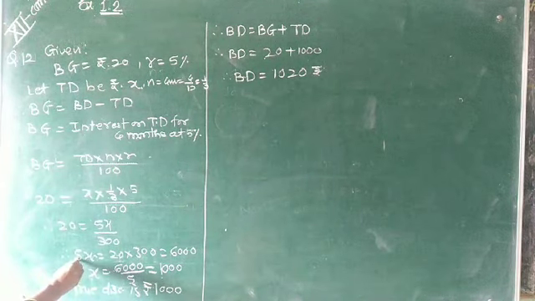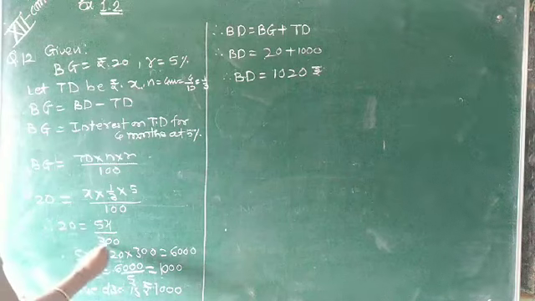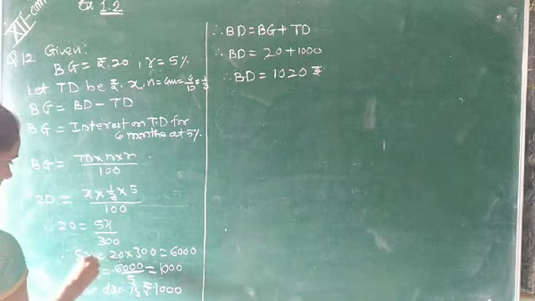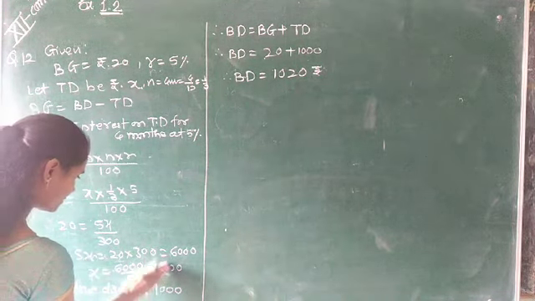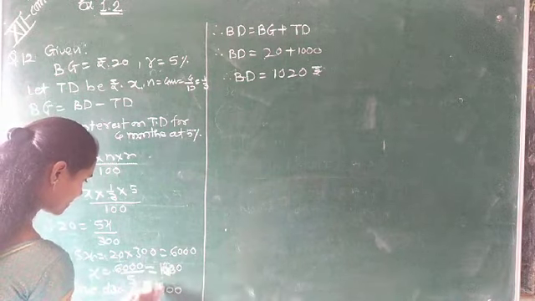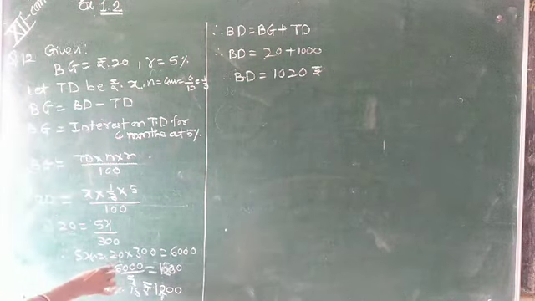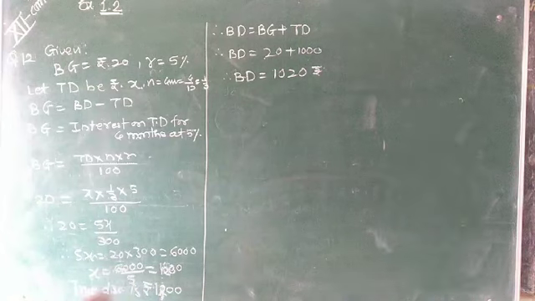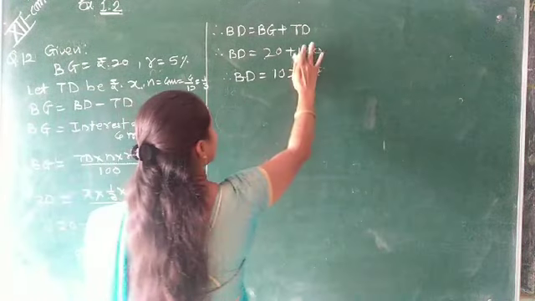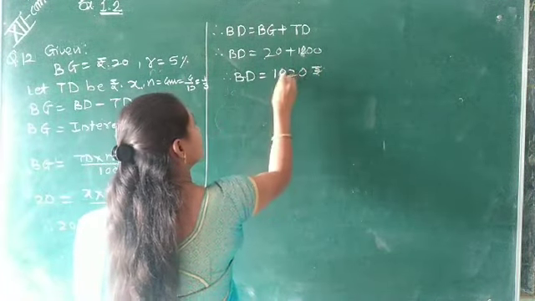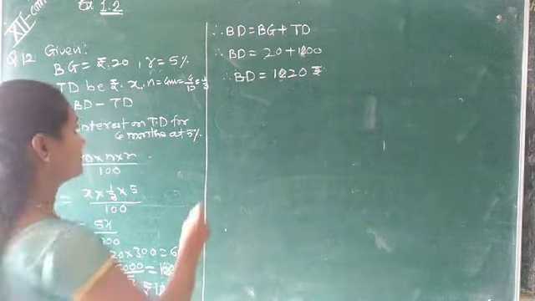Therefore, 5x is equal to 20 into 300. Sorry, here 5 2s are 10. That is 1200. 5 ones are 5 and 1 remaining. So 5 2s are 10 here, since it is 12.